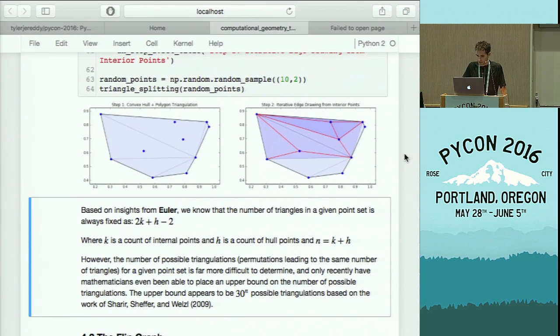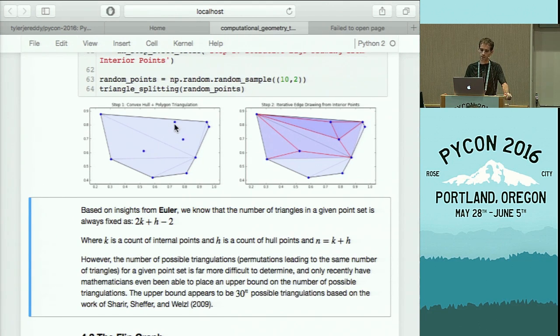However, as before, the number of possible triangulations is a bit more of a difficult situation. And it turns out that even within the past decade, that's been an active field of research, and all we actually know is the upper bound, so the maximum number of different triangulations. And you can see that we can get different triangulations, right?